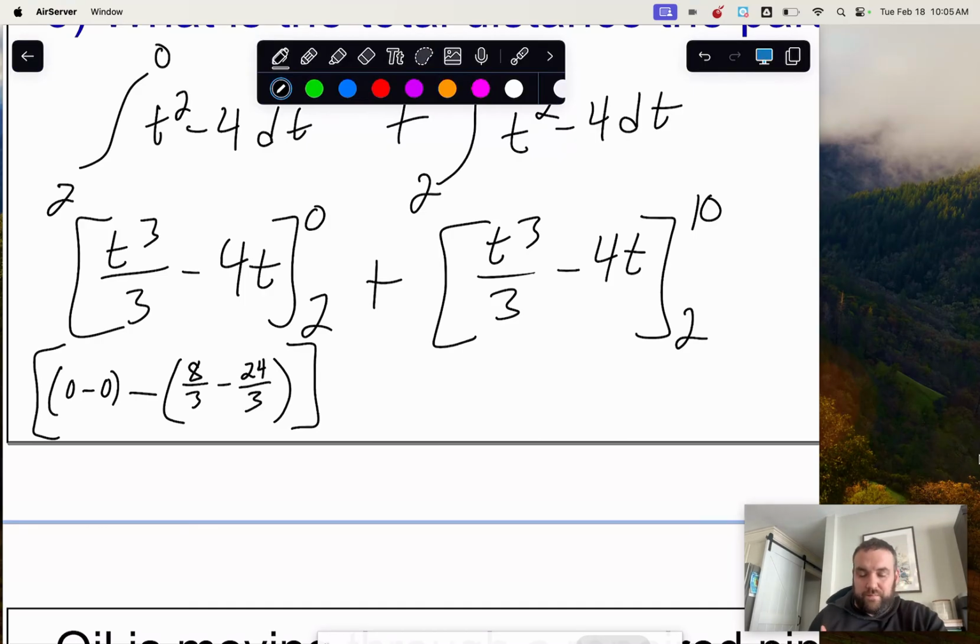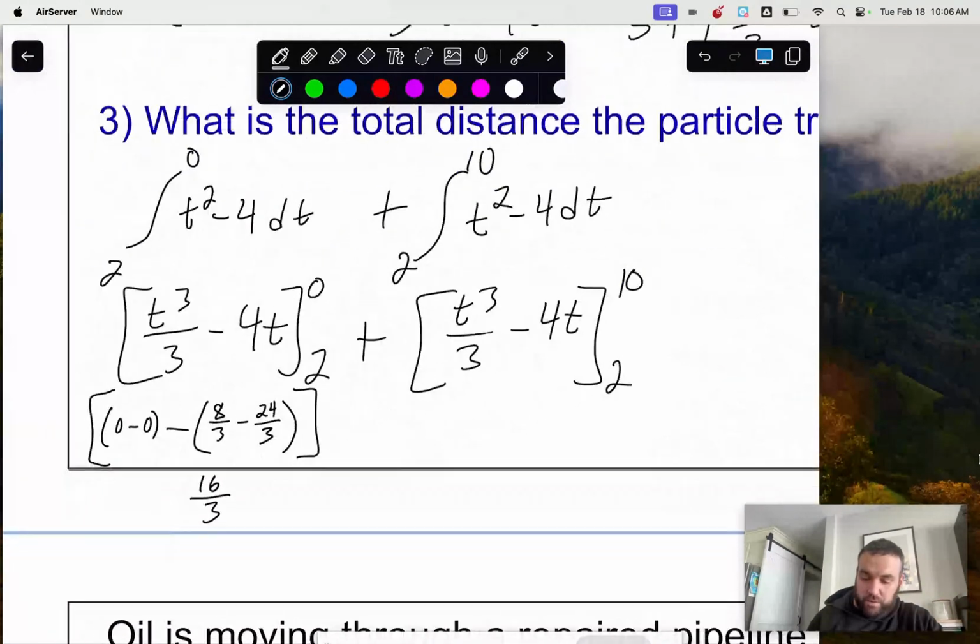So in the first integral from 0 to 2, I end up with 0 minus negative 16 thirds. So this value would just end up being 16 thirds. That is the total distance traveled from 0 to 2. The velocity is actually negative, so it is moving backwards 16 thirds.